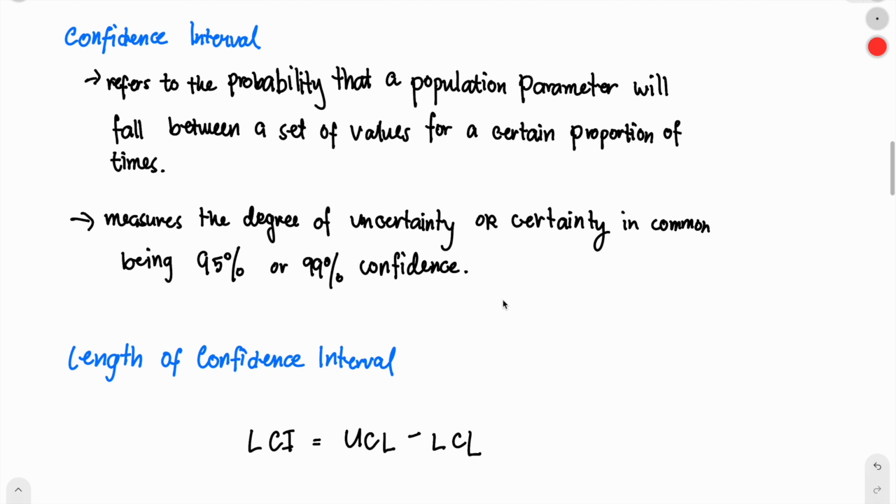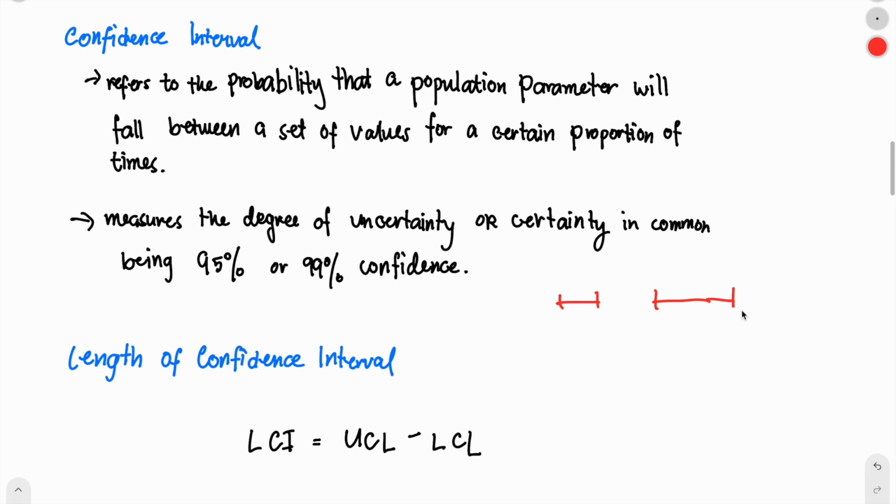So for the confidence interval, we want our interval to be short, in other words.